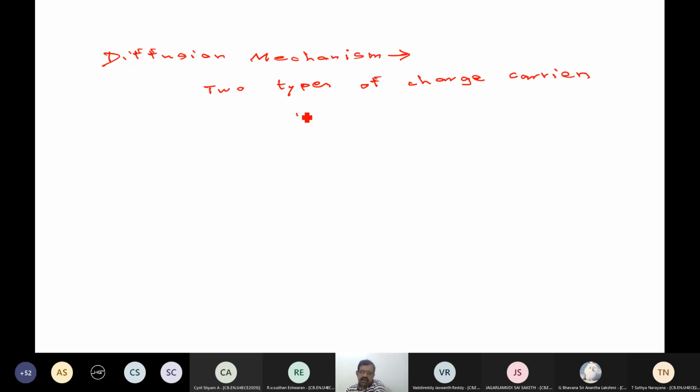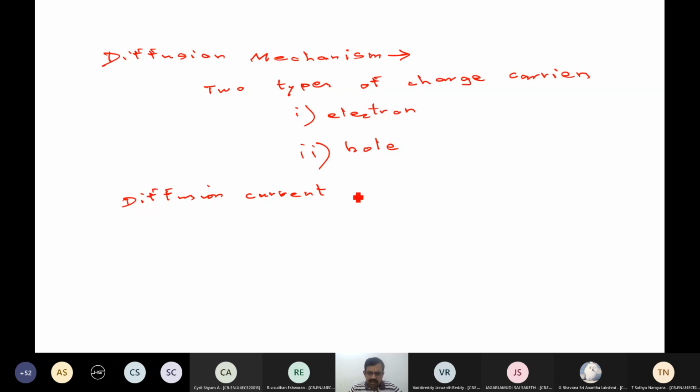One is the electron, the other is the hole. So if you look at the diffusion current density, I talk about current density.